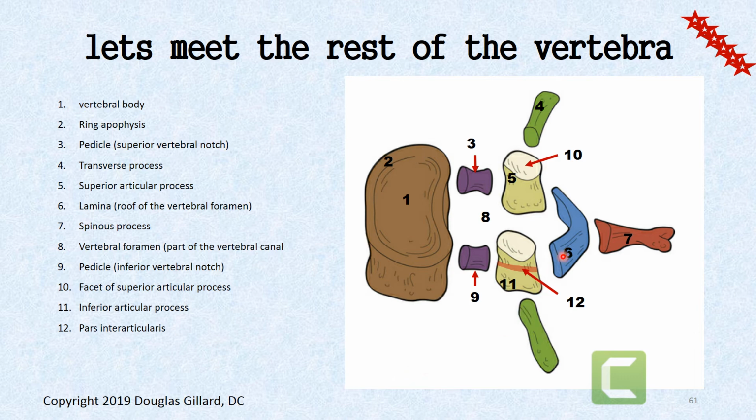We got one more concept. So you might hear roof of the vertebral canal. The roof of the vertebral canal, if this is a house, there's the roof. So the lamina make up the roof. Another concept. The spinous process right here sticks out the back of the lamina.